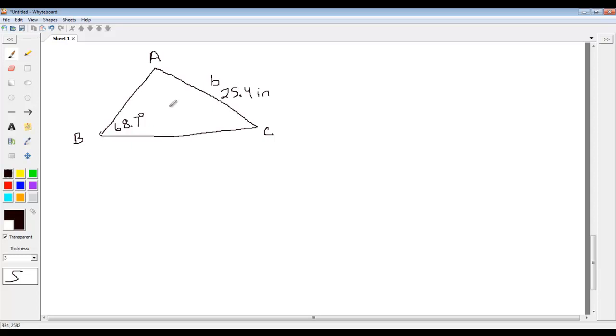Little a we know to be 19.6 inches. Okay, so this one we could set up sine of B, sine of 68.7 degrees, over side B, 25.4 inches, equals sine of angle A over side A, 19.6 inches.